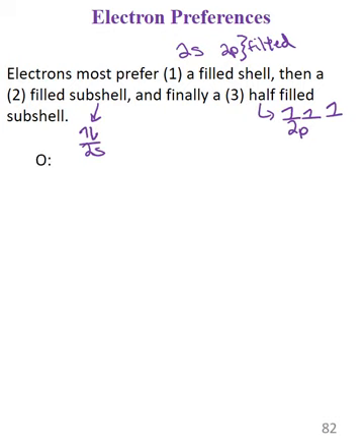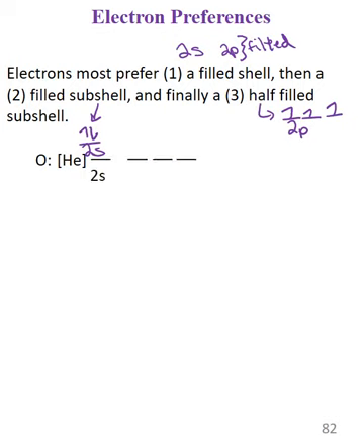Let's say I'm going to look at oxygen. I'm going to write the noble gas configuration because it's a lot easier. What is the noble gas before oxygen? Helium. Okay, and then I move forward.